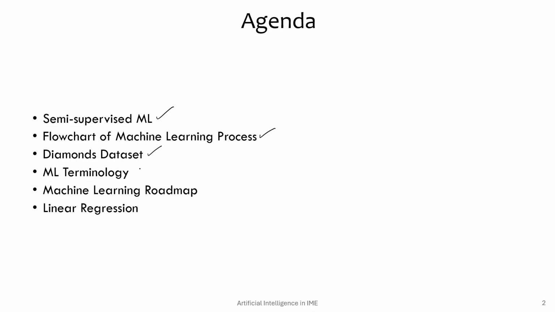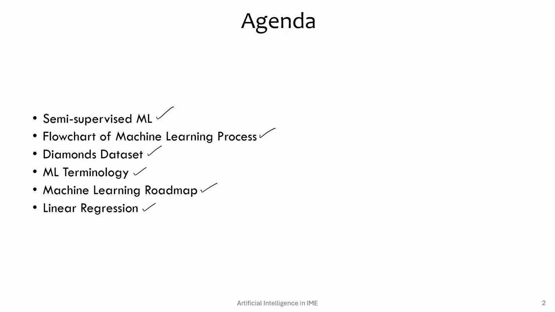Then we will understand what are the different kinds of terminologies that we need to understand for doing machine learning. After that, we will dive deeper into the machine learning roadmap, and finally, we will try to understand how to conduct a linear regression supervised learning process by using the diamonds dataset, and we will also cover this step by step by coding it live in the Jupyter lab.